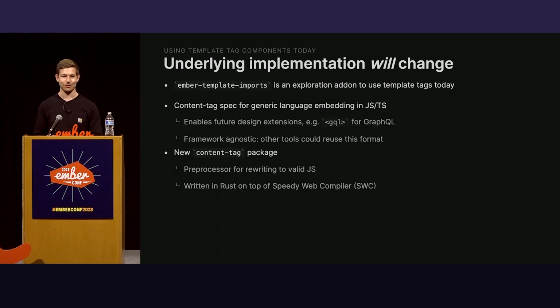React is the biggest user of JSX, but there are also other frameworks that can make use of this specification, similar to the idea of content tag. The content tag package specifically is the preprocessor to rewrite this to valid JavaScript. And this is built on top of Rust using the Speedy Web Compiler. So that's really nice to see that Ember is now also making the jump and being able to use this modern tooling within Ember.